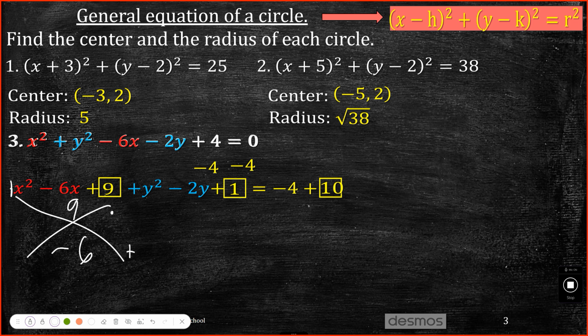So what are those 2 numbers? Negative 3, negative 3. Negative 3 times negative 3 is positive 9, and negative 3 plus negative 3 is negative 6. So we got X minus 3 times X minus 3.